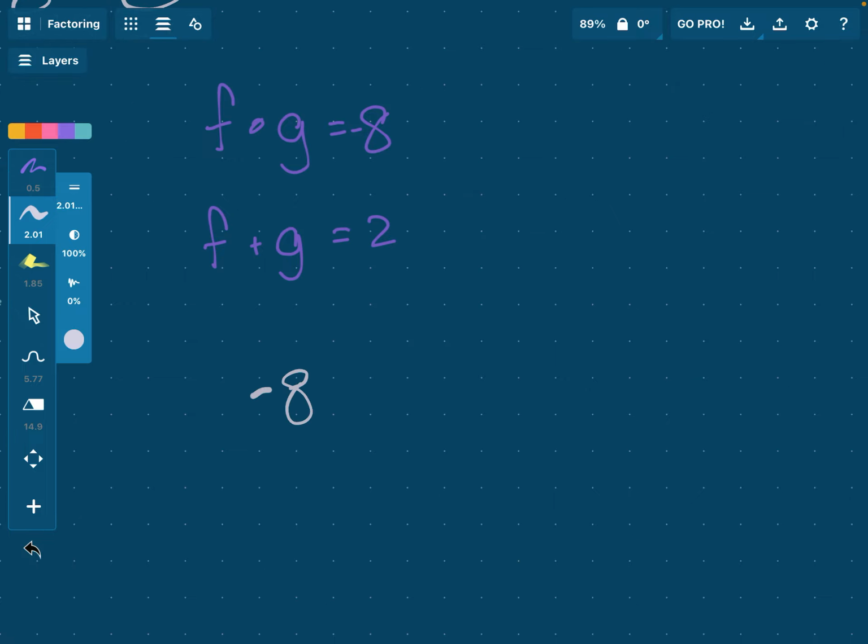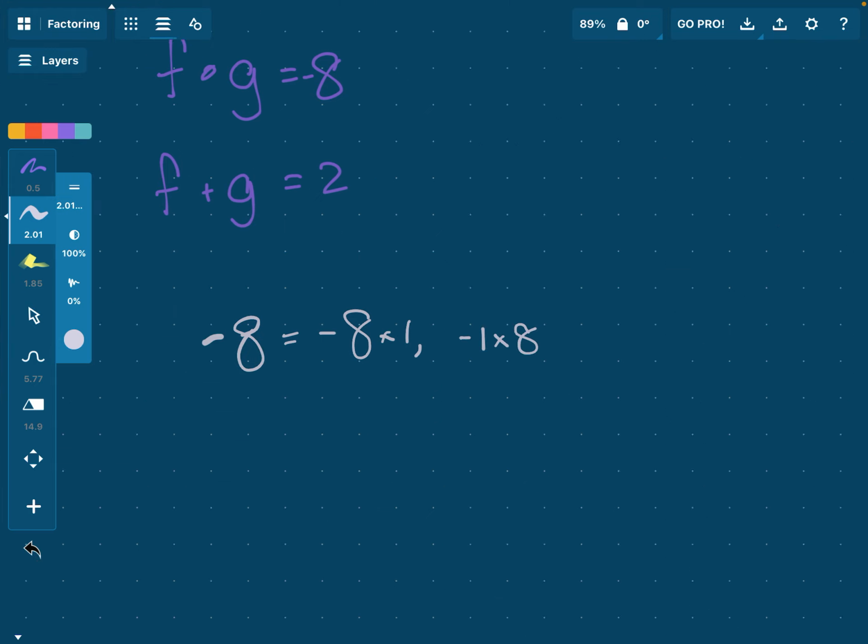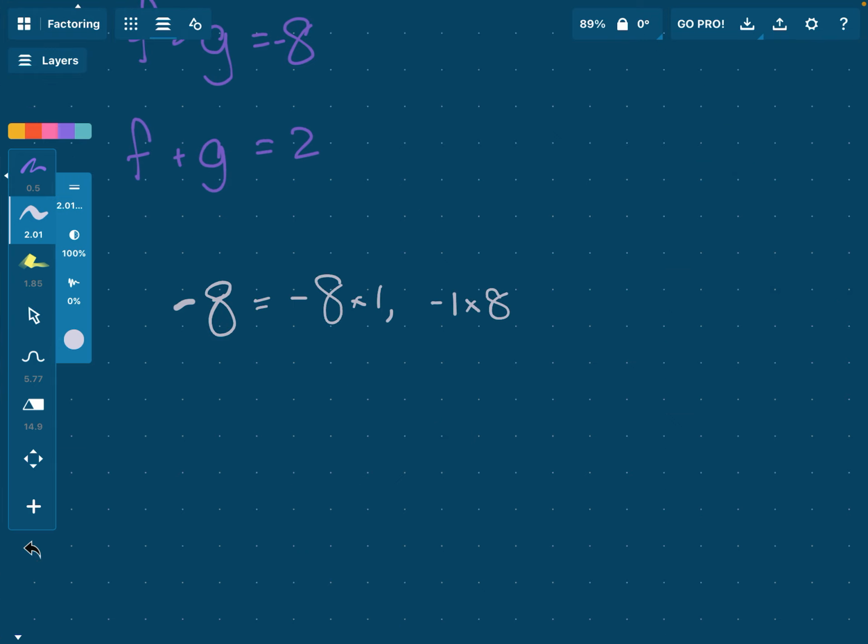So negative 8 can be equal to negative 8 and 1, can be equal to negative 1 and 8. It can be equal to 4 times negative 2, can be equal to negative 4 times 2, and so on.